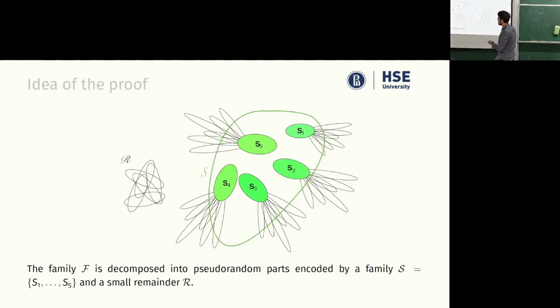And then you work with this calligraphic S family, using the fact that usually S1, S2, S3, etc. have a small uniformity compared to k.